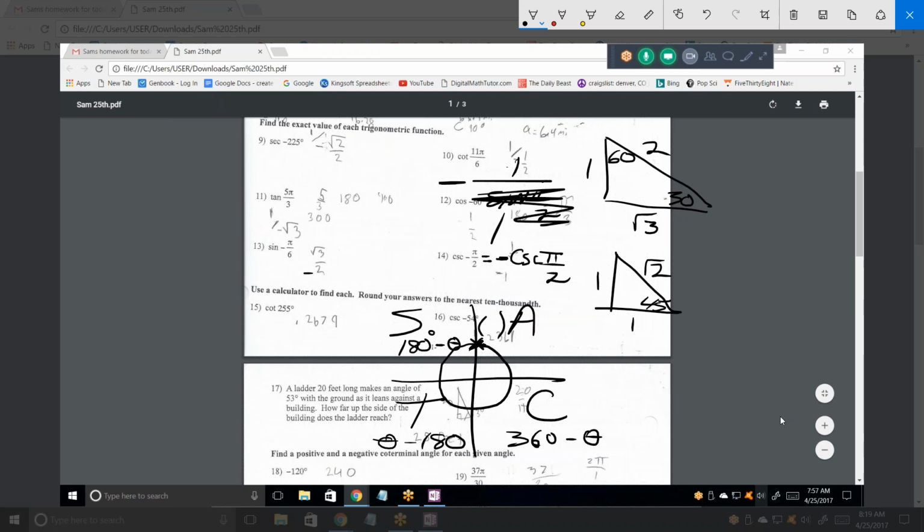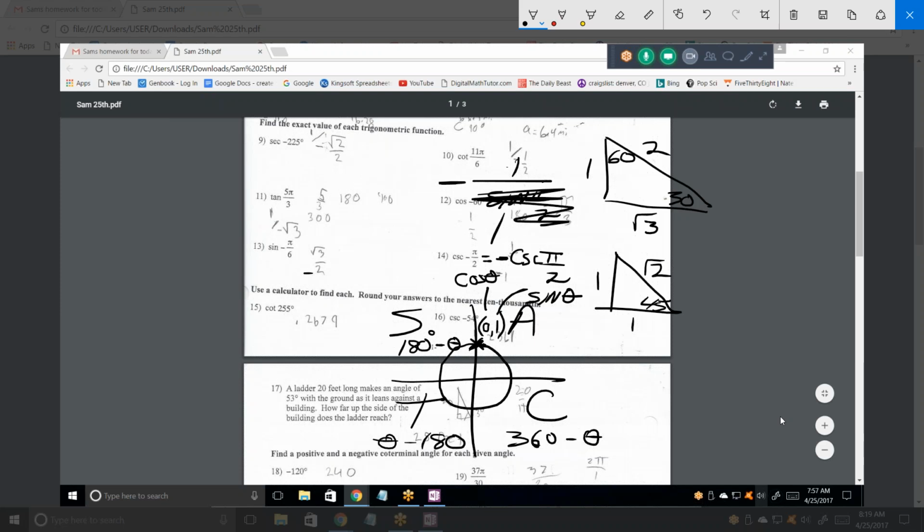No. The x-coordinate is 0, so it's 0, 1. Now, here's the trick. The x-coordinate is always the cosine of theta. Always, no matter where you're at on the unit circle. The y-coordinate is always the sine of theta. So when I say, what's the sine of 90 degrees, it's the y-coordinate of that point. It's 1.